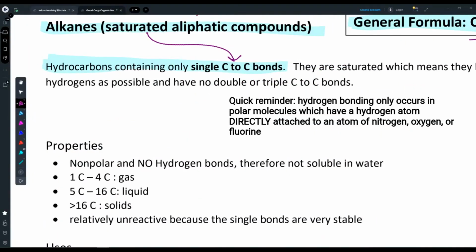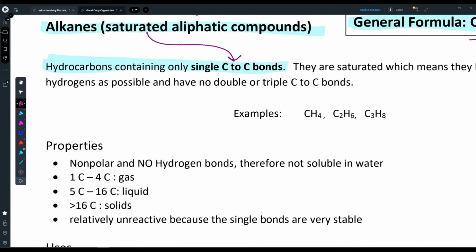Some properties of alkanes are they're nonpolar, they do not have any hydrogen bonds, and therefore, because they have no hydrogen bonds, they're not going to be soluble in water. Alkanes between 1 to 4 carbons are typically going to be in the gas state.